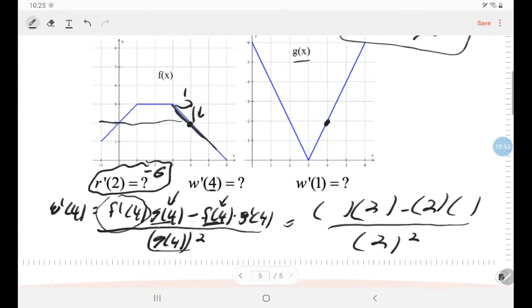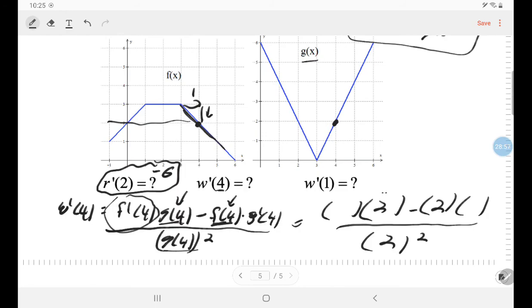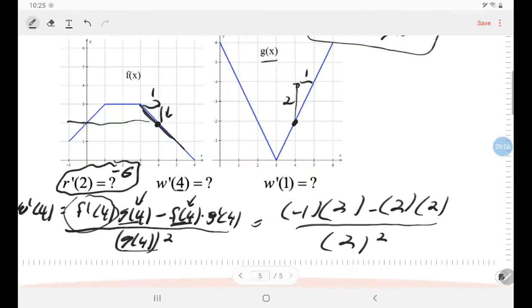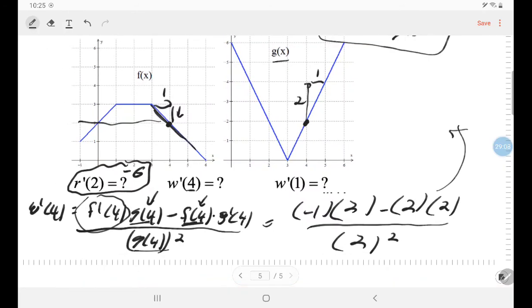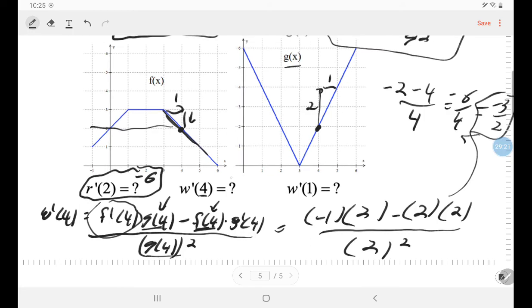So negative 1 over 1 is negative 1. And then the slope here, rise 2, run 1. That is a slope of 2, which gives me negative 2 minus 4 over 4. Negative 6 over 4 is negative 3 halves. So this is negative 3 halves.